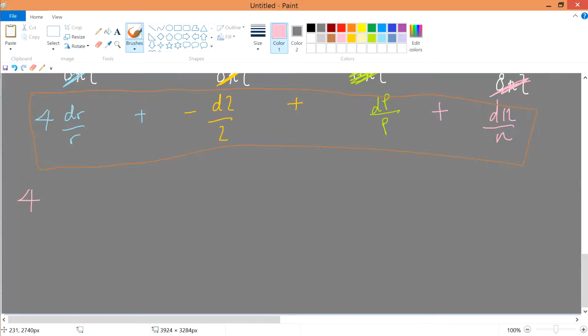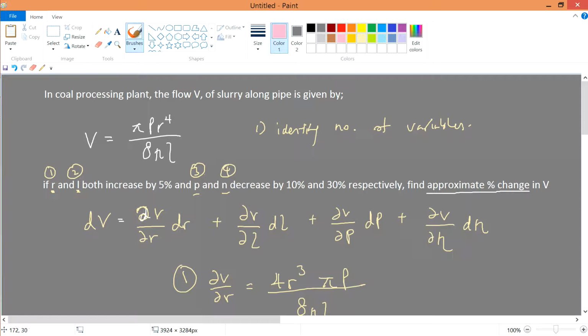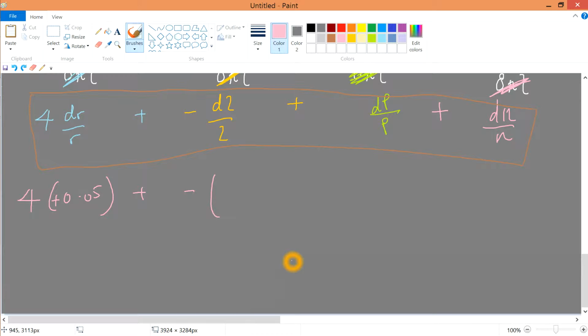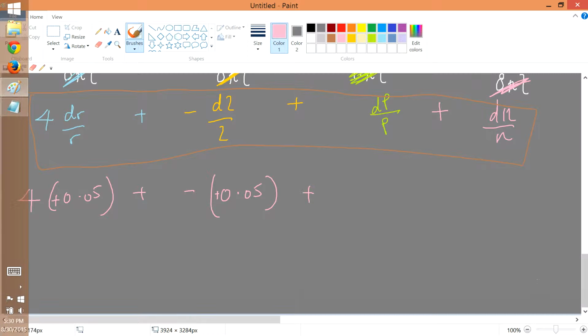Therefore, this is 0.05, increased by 5%, so it's plus, and then minus dr over L. L also increased by 5% as shown here, so dr over L is also 0.05, plus dp over p.